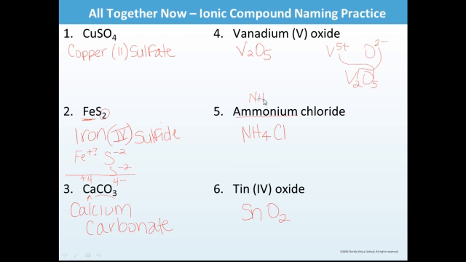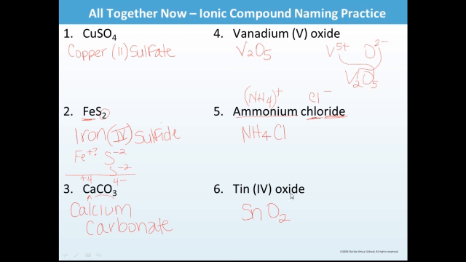Number 5, ammonium is a polyatomic ion, NH4 with a plus charge. Chloride, IDE ending, tells me that it's the chlorine monoatomic ion from the periodic table, so that's Cl with a negative charge. It only takes 1 of each ion to be neutral, so it's NH4Cl.